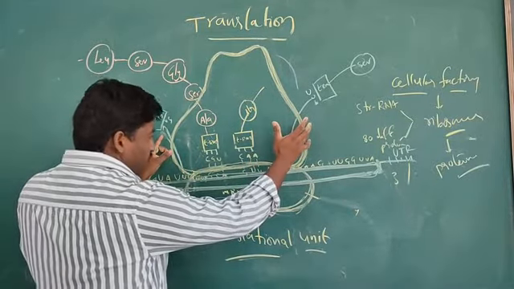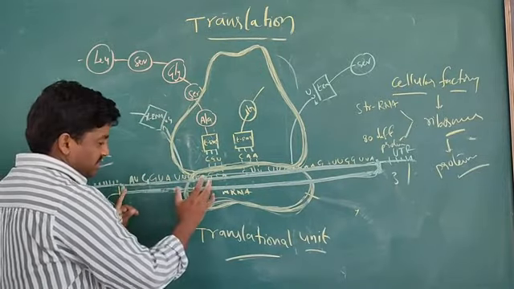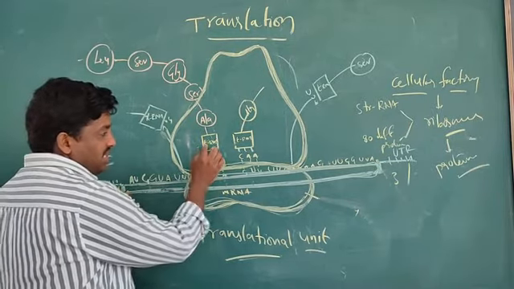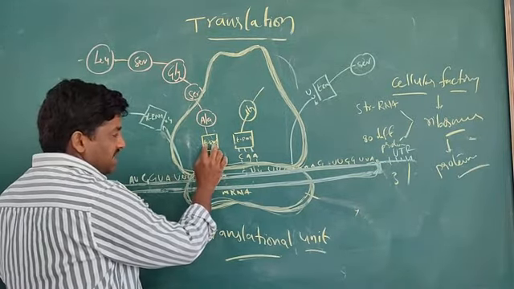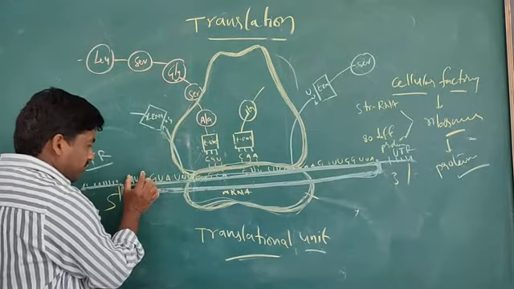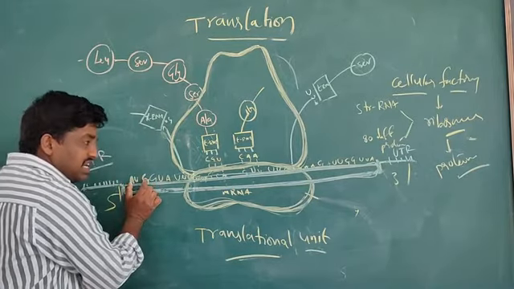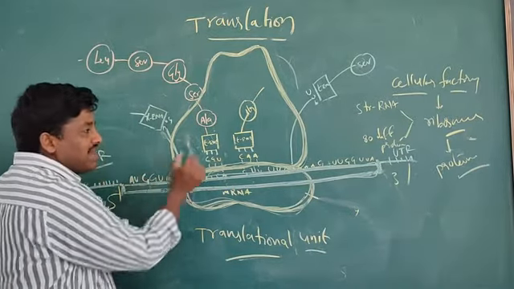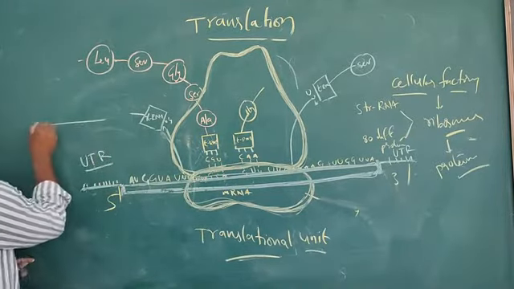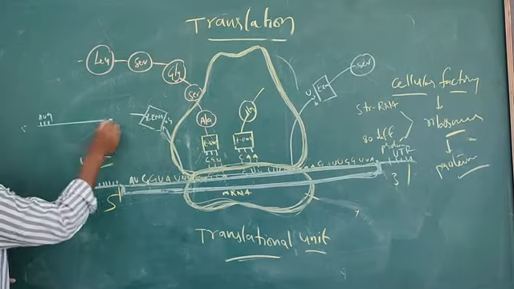The ribosome first binds at the 5' end, that means the starting region of the mRNA. The starting initiator codon is recognized by the tRNA. The requirement is the starting AUG present at the 5' end.